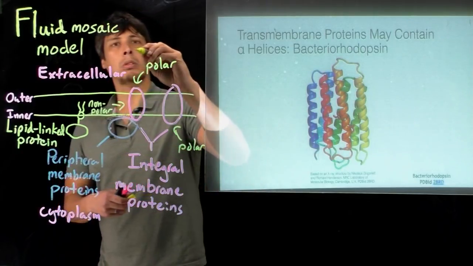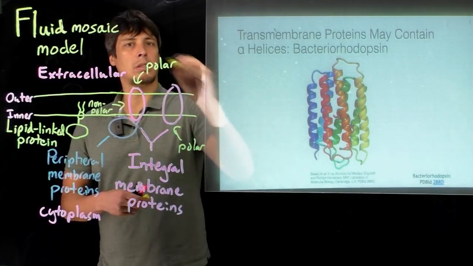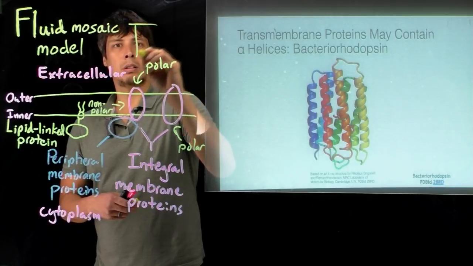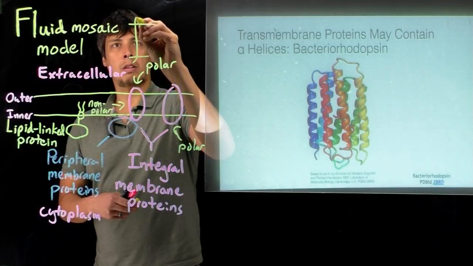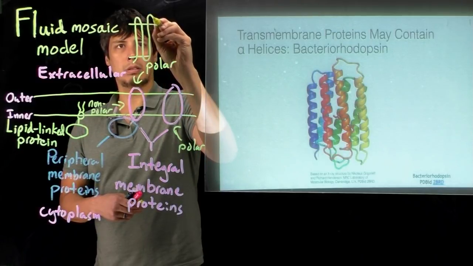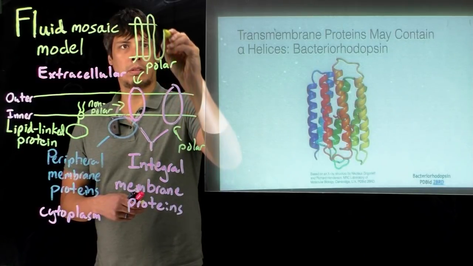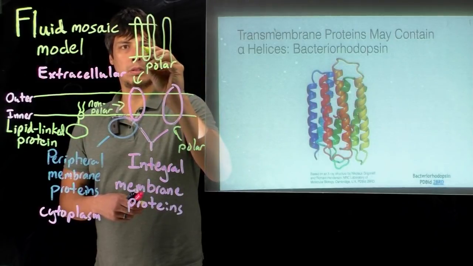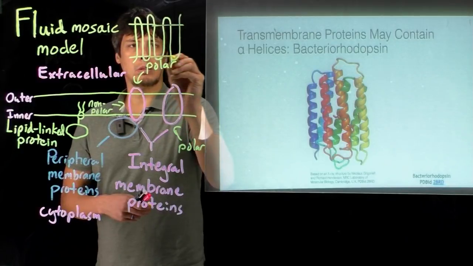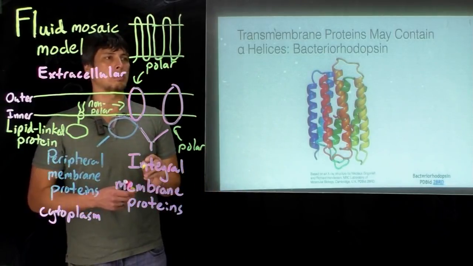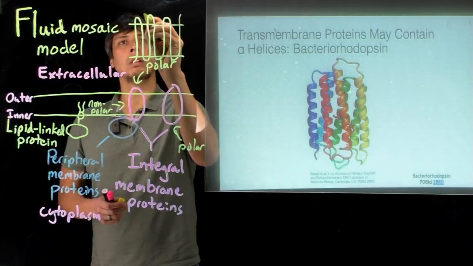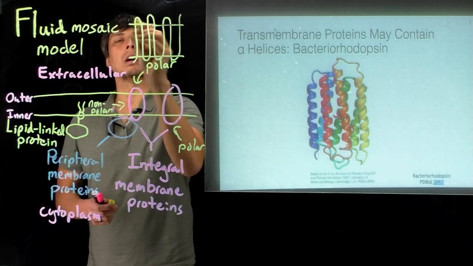If we start from the blue, we go through the membrane, part of it bends back in, and so on, 1, 2, 3, 4, 5, 6, 7 times. So there are 7 different transmembrane domains, and then there are soluble loops on the outside, on either side of the membrane.